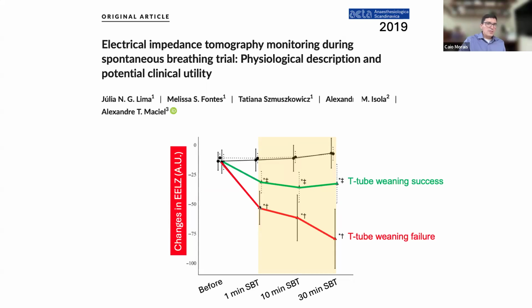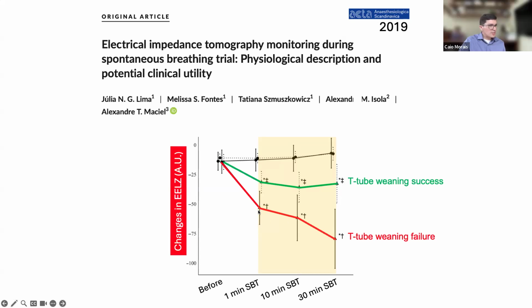But the most important physiological data that we can see here is the trending after the first minutes. Clearly, the patients with success have a first drop, but no more dropping in lung aeration.